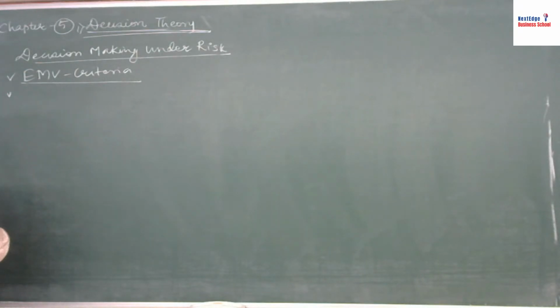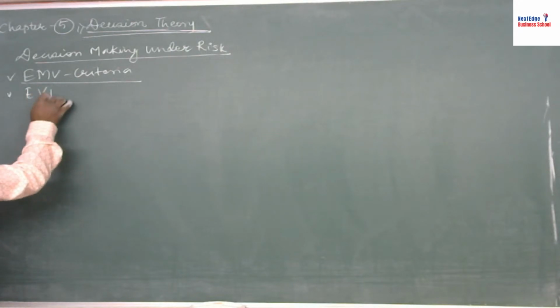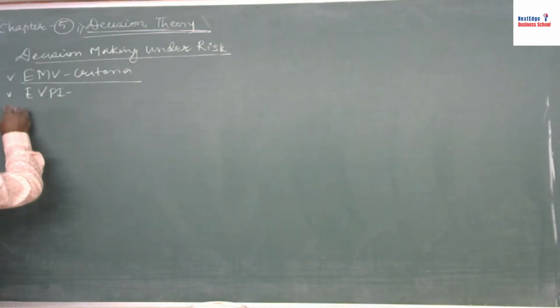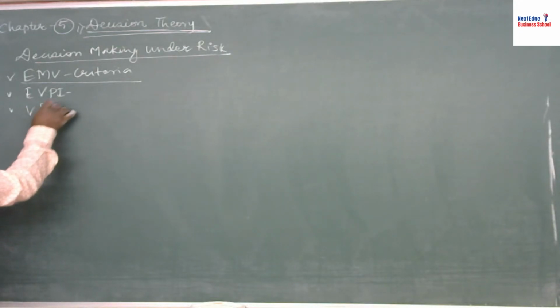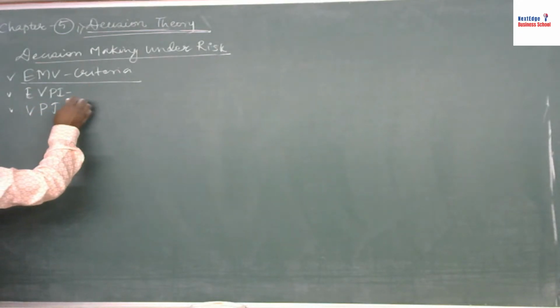दूसरा है आपका एक्सपेक्टेड वैल्यू विथ परफेक्ट इंफॉर्मेशन, और तीसरा है आपका वैल्यू ऑफ परफेक्ट इंफॉर्मेशन. इसको यहाँ पर लिखता हूँ.